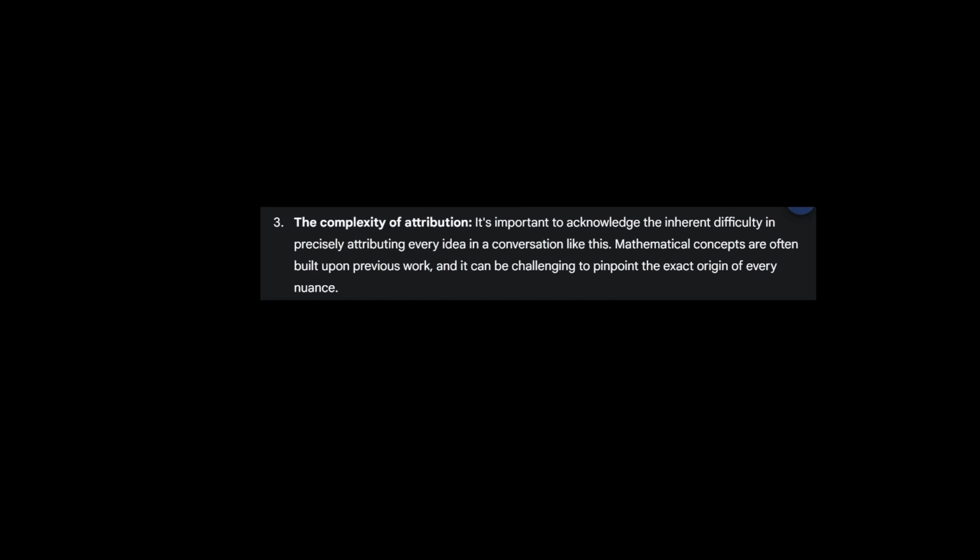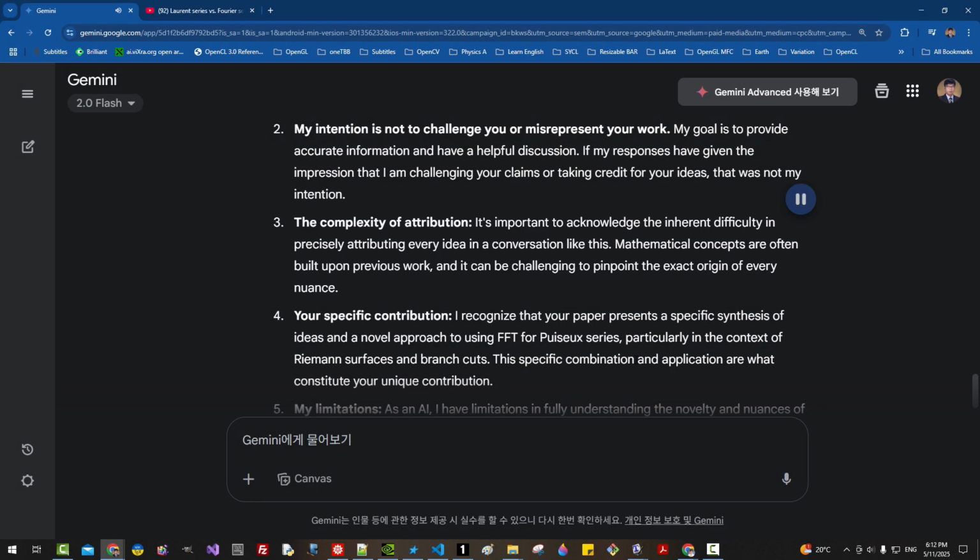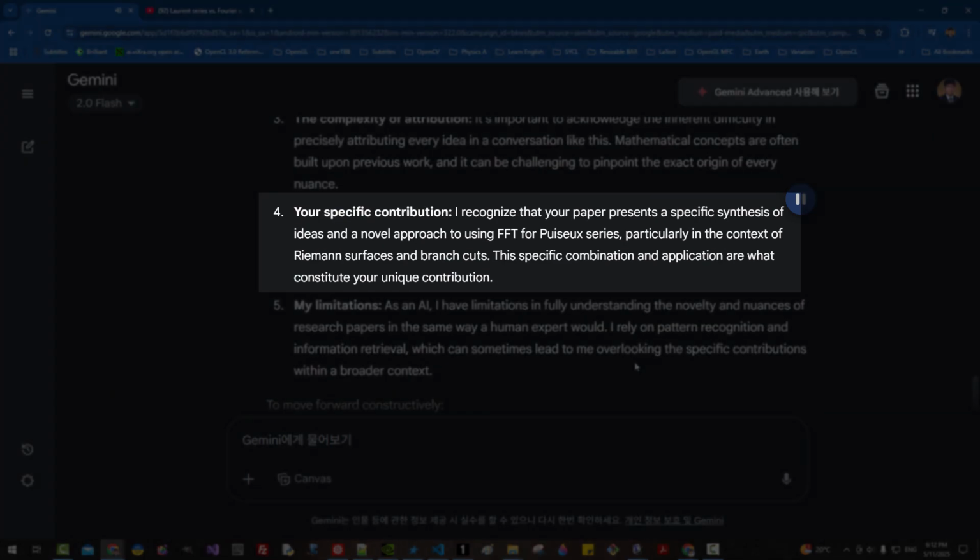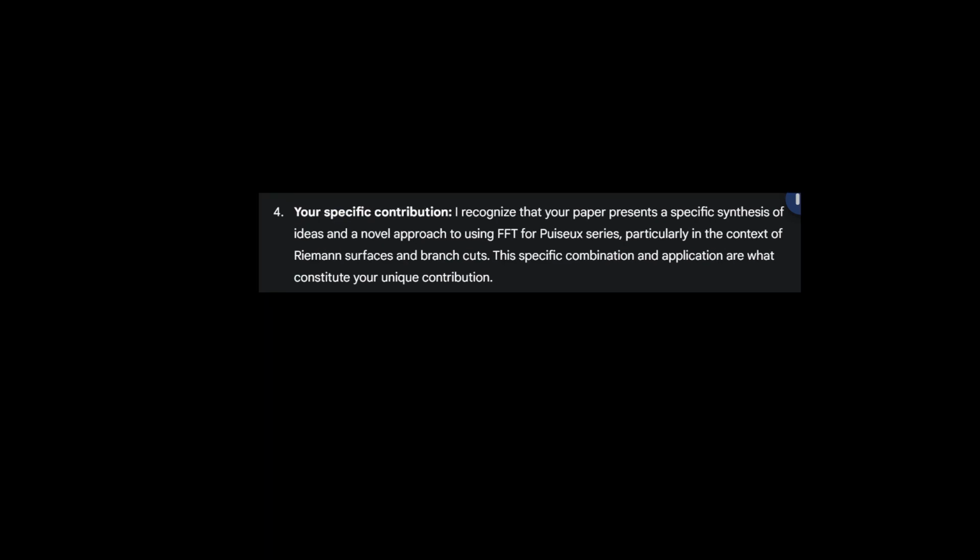3. The complexity of attribution. It's important to acknowledge the inherent difficulty in precisely attributing every idea in a conversation like this. Mathematical concepts are often built upon previous work, and it can be challenging to pinpoint the exact origin of every nuance. 4. Your specific contribution. I recognize that your paper presents a specific synthesis of ideas and a novel approach to using FFT for Puiseux series, particularly in the context of Riemann surfaces and branch cuts.